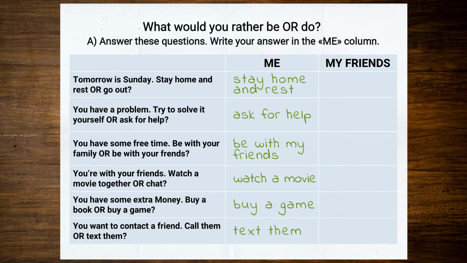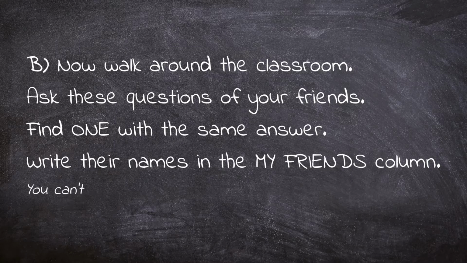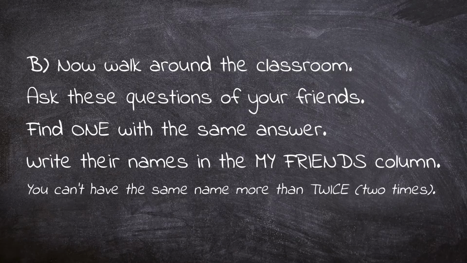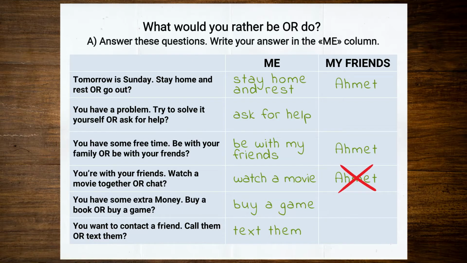And they should write the name of that friend in the "My Friends" column. But they cannot write the same name more than twice, okay? So they cannot ask the same questions of Ahmed. If Ahmed has given 2 answers, they need to go and find someone else and ask other questions.